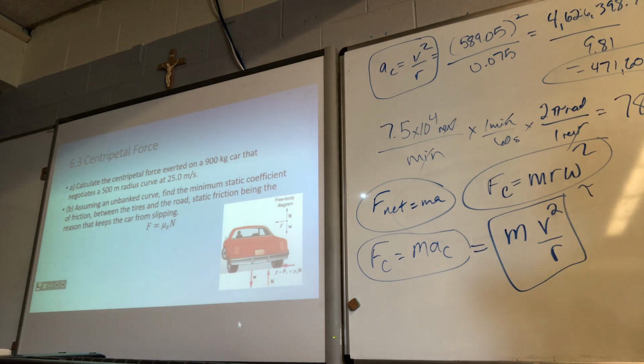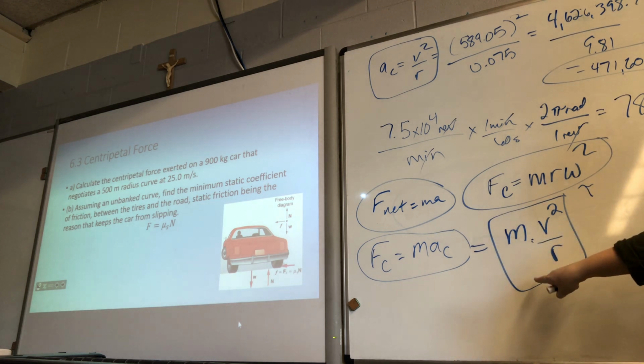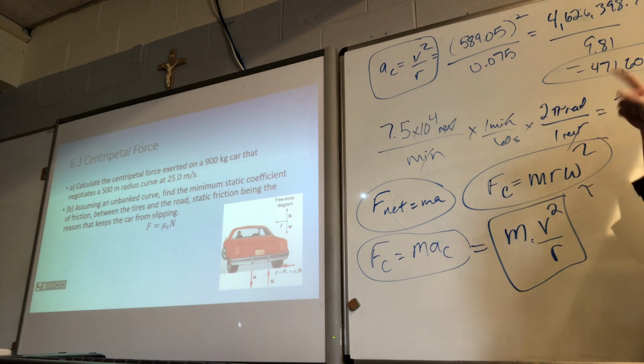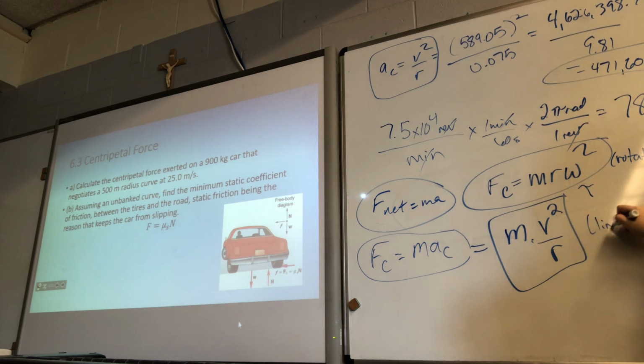If you don't see it, this is the equation we can use in this particular problem. Is this going to be easier than trying to convert something to an angular velocity? Yeah, probably. That's an extra step. So there's going to be two different analogs. This will be what we call rotational, and this will be linear. And remember, the difference between them: rotational is going to have angular velocity in radians per second.